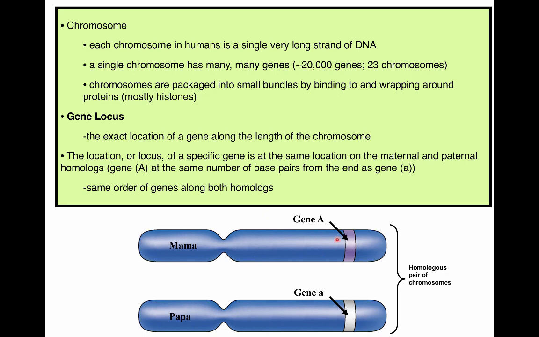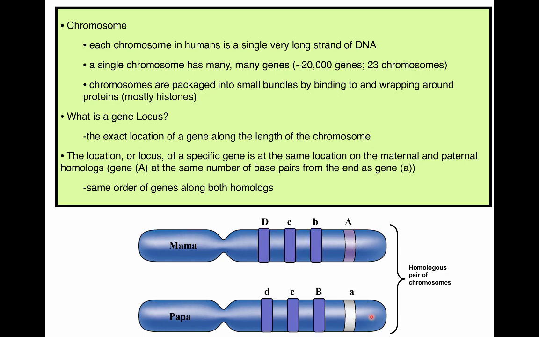So if we have a gene A and on the maternal homolog, the mama chromosome, it's 1,500,000 bases from the end, the version of gene A on the paternal or papa homolog is also 1 million bases from the end as well. So the location of genes is the same on the two homologs.